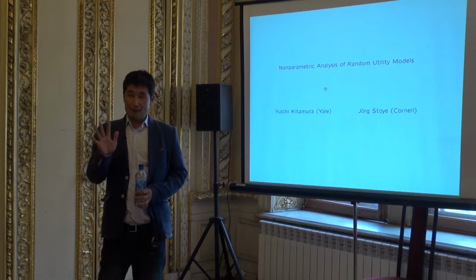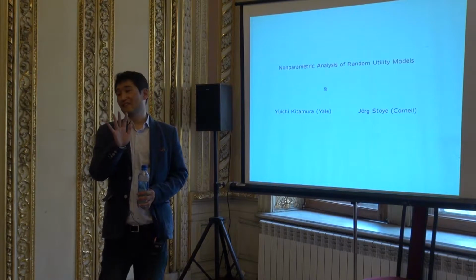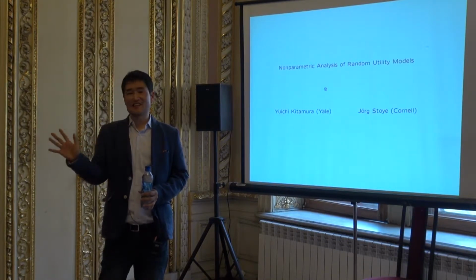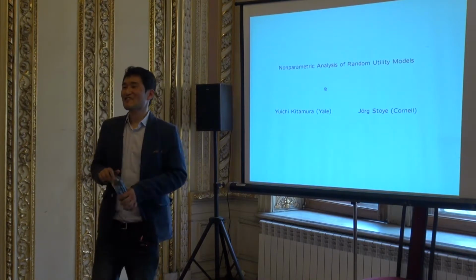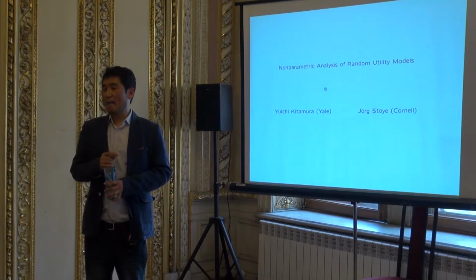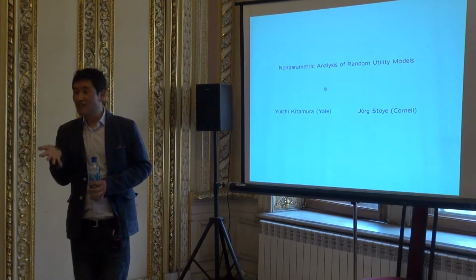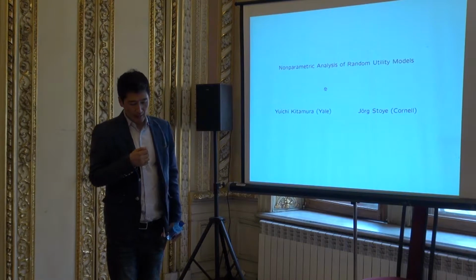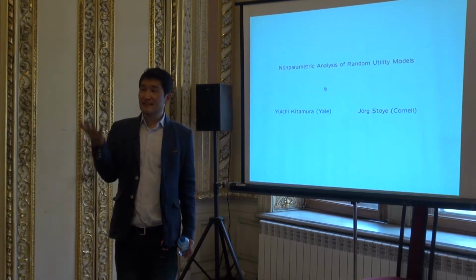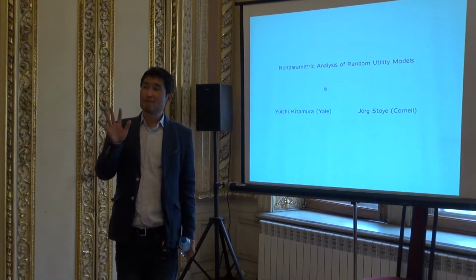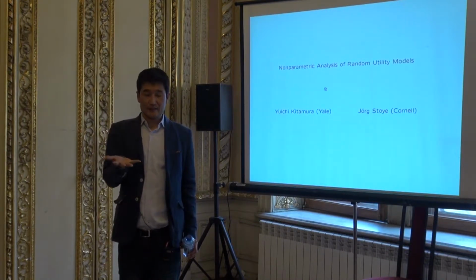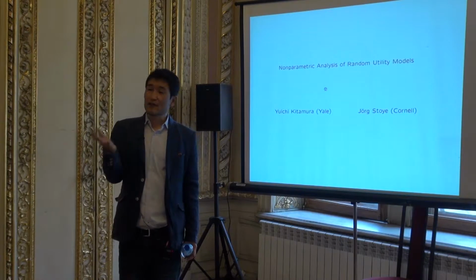Apparently this started in the 1960s. So obviously lots of you aren't born yet. It has a long history. They came up with this idea way back, and in the end, that paper, in a way, started modern microeconometrics.